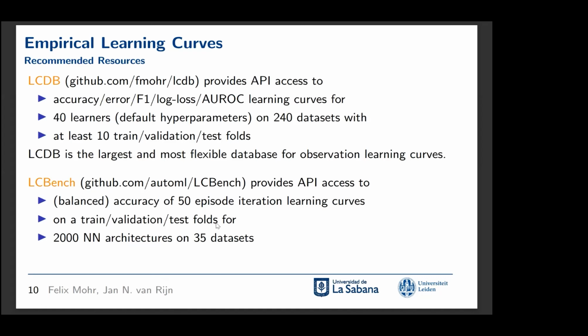It stores the iteration learning curves of 50 epochs for 2,000 architectures, not sure whether hyperparameters are included there, on 35 data sets. To my knowledge, this is the best resource you have available if you want to work with learning curves without spending weeks evaluating on your cluster to get these insights. If you're interested, you can check the GitHub repositories or just come to us later.